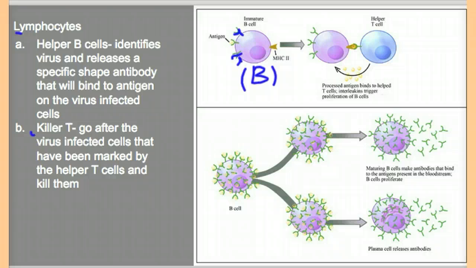Whenever these viruses come into our body, it starts to release the receptors on its surface, and then the receptor and the antibody will react with each other, and then the killer T cell comes in and kills those cells.